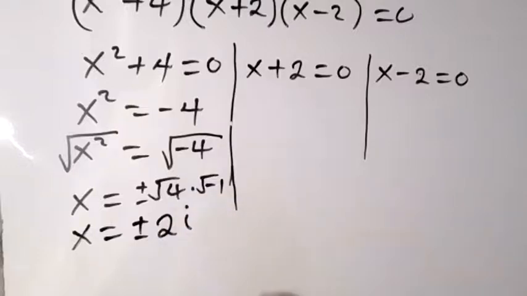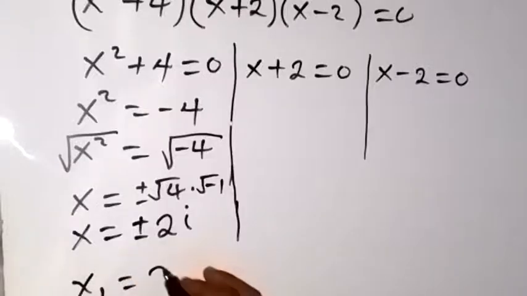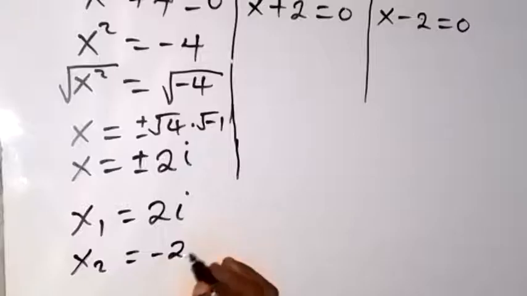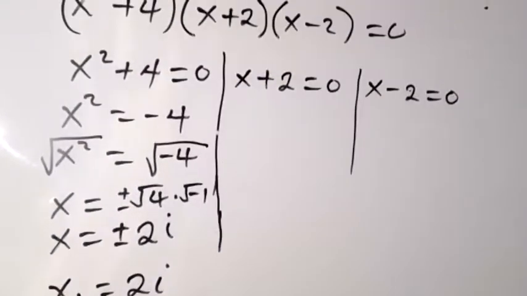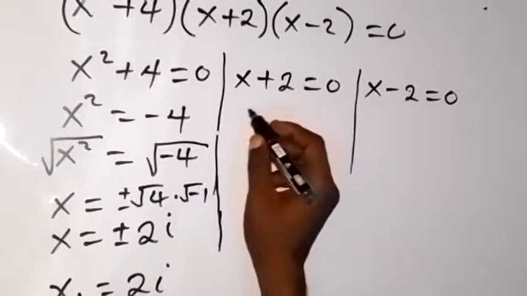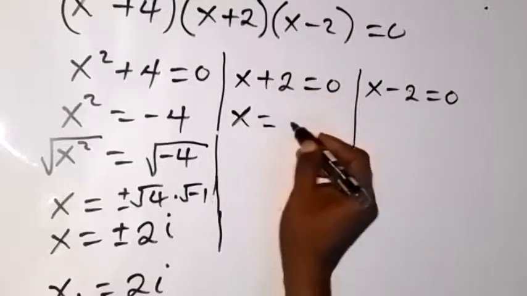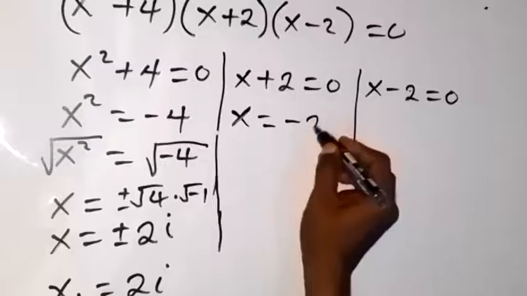So we have two solutions here: x1 as 2i, and the second one, x2 as minus 2i. Now from here, we can get x3. Taking plus 2 to this side, it becomes minus, so x equals minus 2.